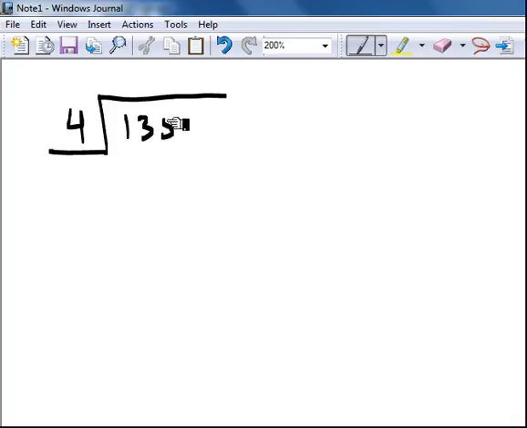How many 4s go into 1? Nothing. 4 into 13, we have 3. 3 times 4 is 12. 13 minus 12 is 1. We move down the 5. How many 4s go into 15? We have 3. 3 times 4 is 12.